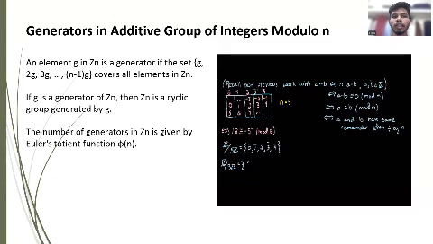Next we'll move on to the generators in the additive group of integers modulo n. An element g in Zn is a generator if the set {g, 2g, 3g, up to (n-1)g} covers all the elements in Zn. If g is a generator of Zn, then Zn is a cyclic group generated by g. The number of generators in Zn is given by Euler's totient function phi of n.